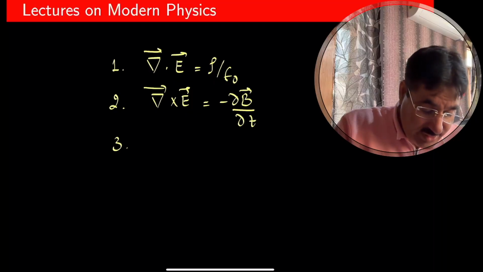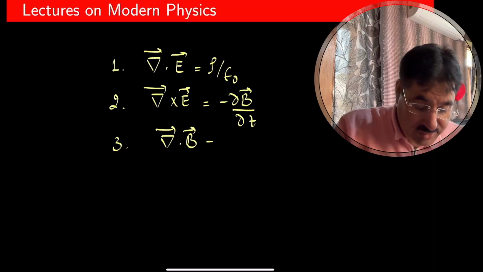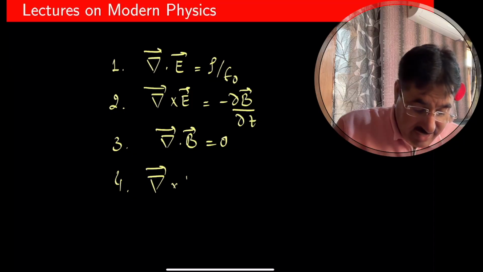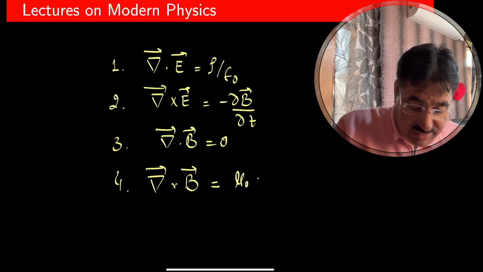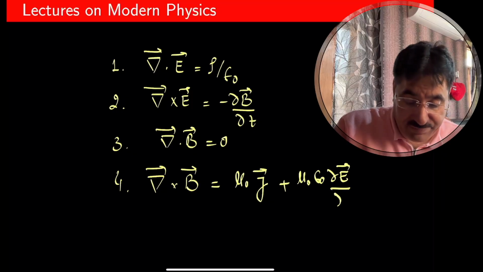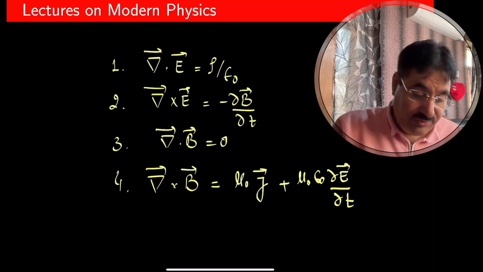The third equation is that we do not find magnetic monopoles, that divergence of the magnetic field is 0. And the fourth equation is that magnetic field has a profile that depends on the physical currents, plus it will depend on whether the electric field is changing with time. These are the four equations.